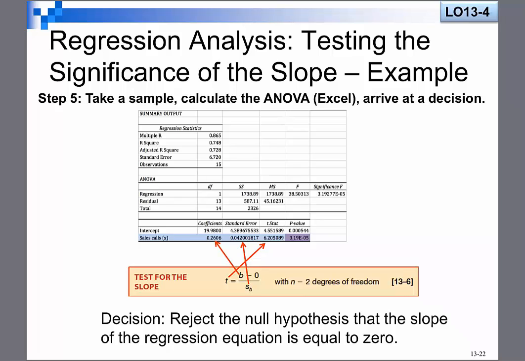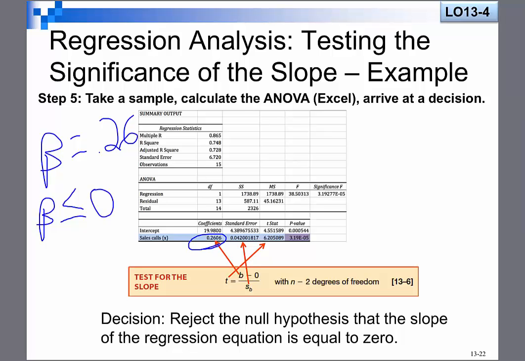Okay? So this number here of 0.26 represents the beta. And our hypothesis is that beta is less than or equal to 0. And then alternatively, beta is greater than 0. So looking at those two hypotheses, our null and our alternate, which of the hypotheses is consistent with the number we actually have?